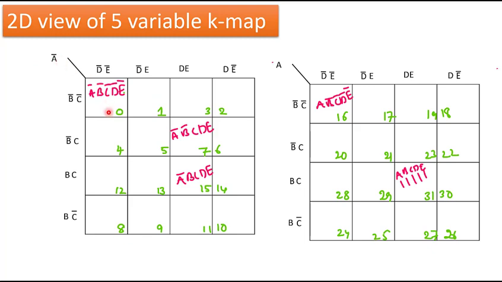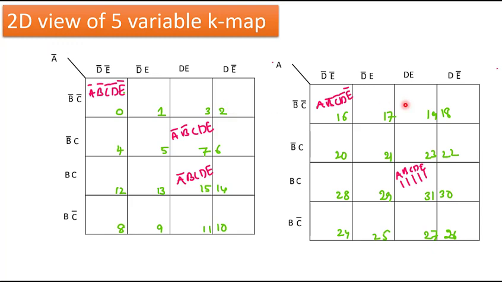So for 0 you have to write not just B bar, C bar, D bar, you have to write including A bar also. Your 0 is equivalent to A bar, B bar, C bar, D bar and E bar. Similarly, 7 you can write as B bar, C, D, E, but actually in our case we have to write A bar, B bar, C, D, E. That's how you are going to have all the 5 literals which represent 0 to 15, in which A bar is the same for all these 16 cells.